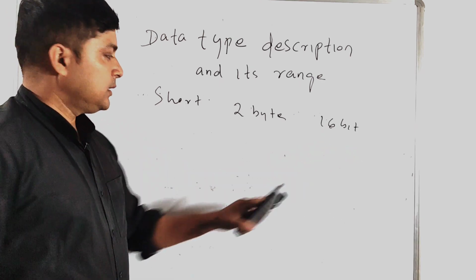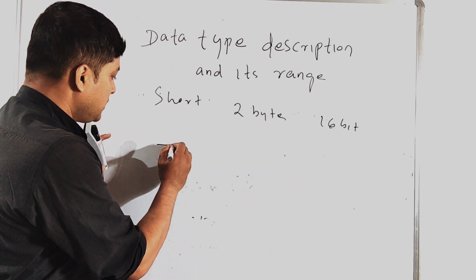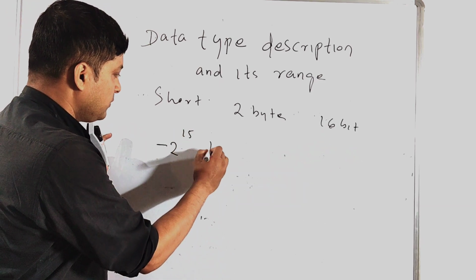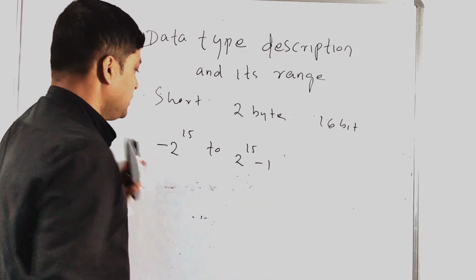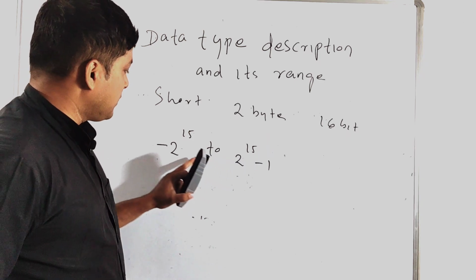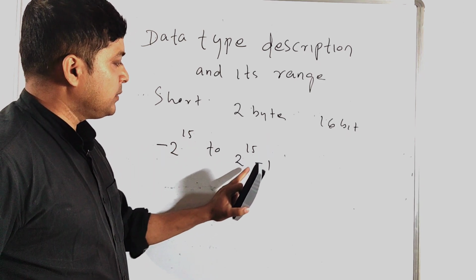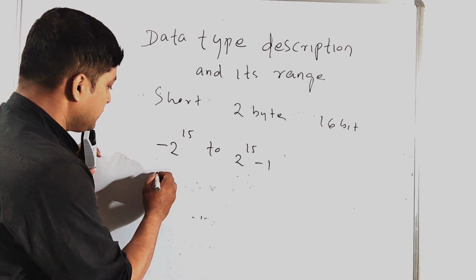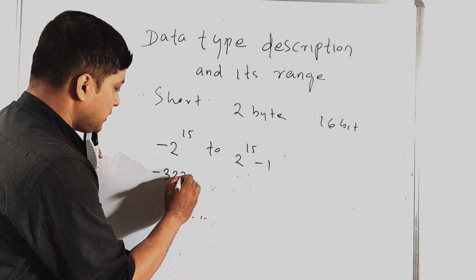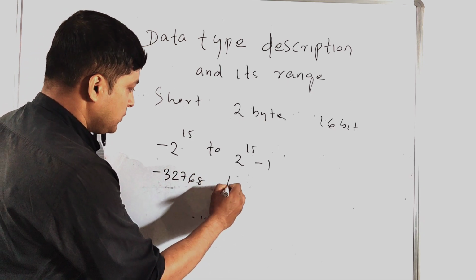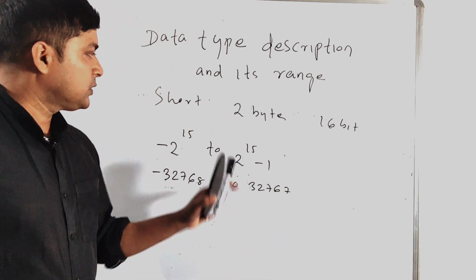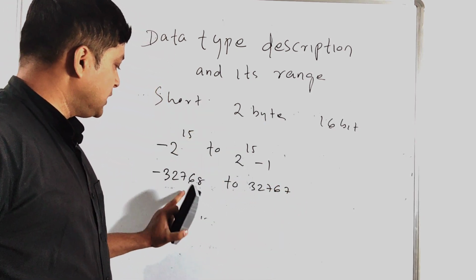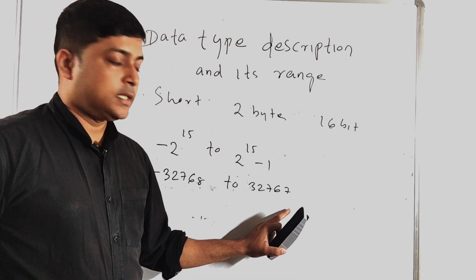Cut 1 bit, and its range is minus 2 to the power 15 to 2 to the power 15 minus 1. Minus 2 to the power 15 equals minus 32768, and the upper end is 32767. So the short range is from minus 32768 to 32767.